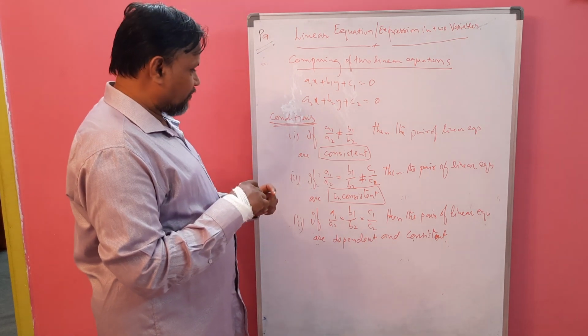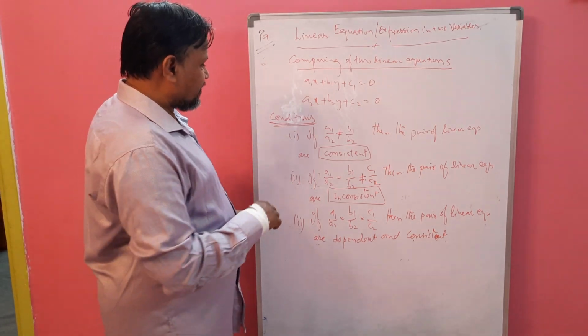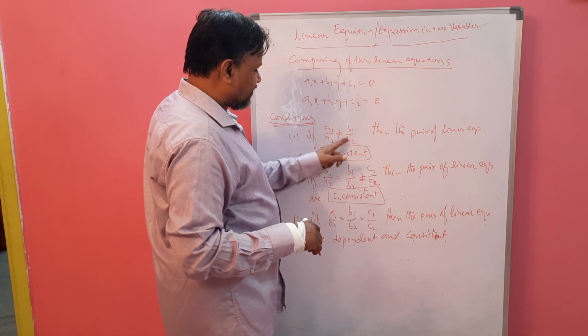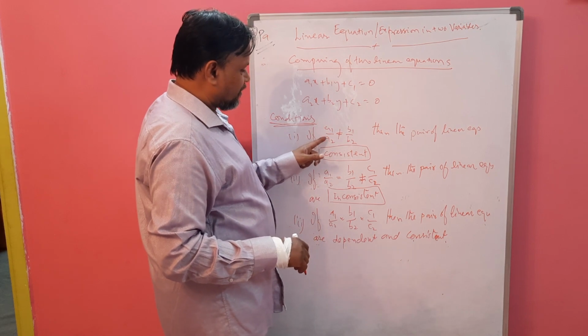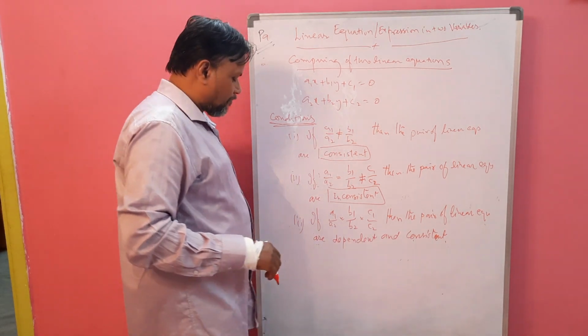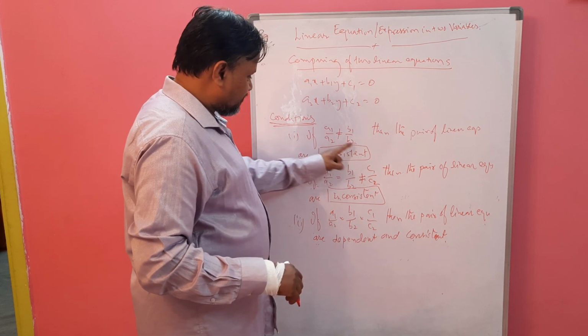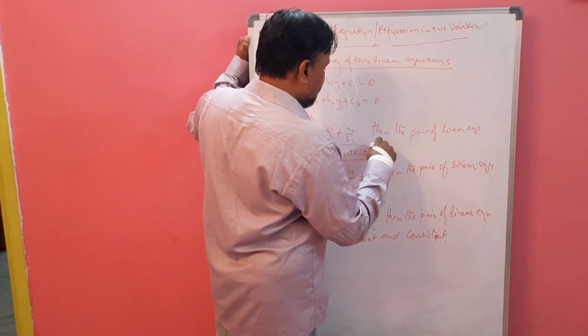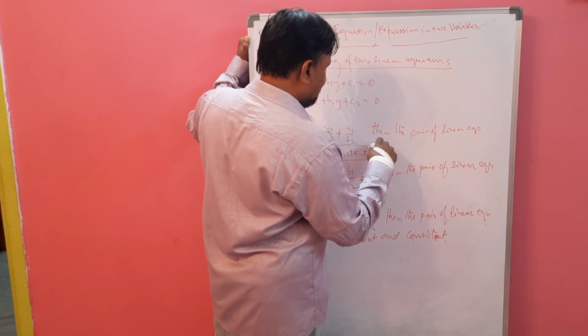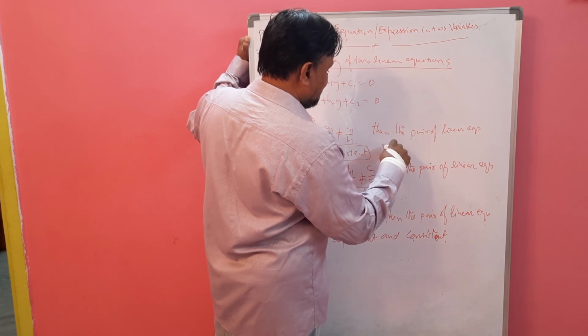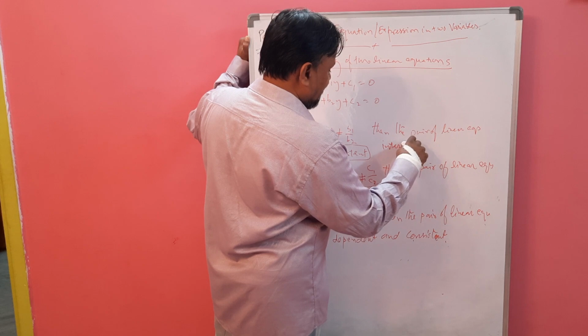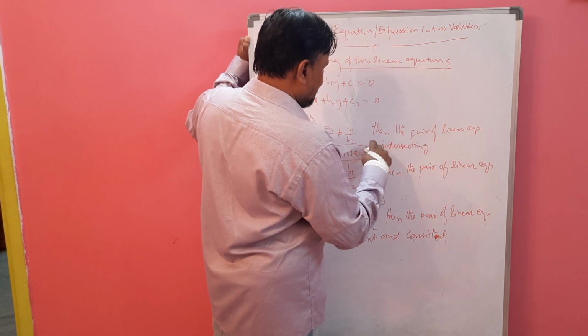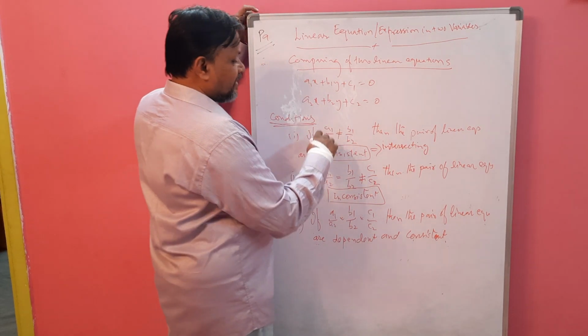One more thing to remember: whenever a1 by a2 is not equal to b1 by b2, the lines are called intersecting lines.